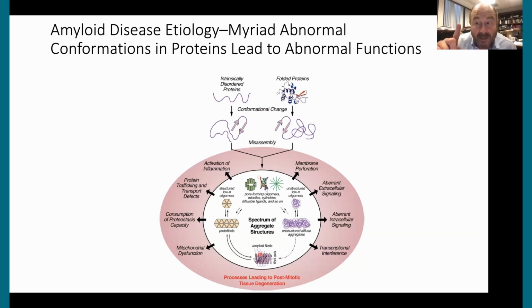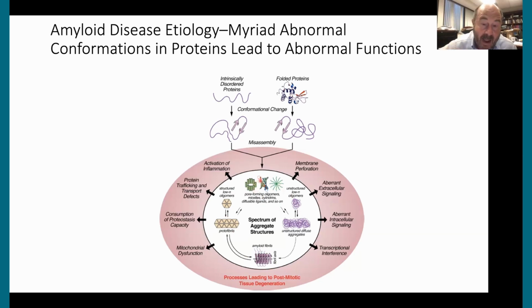But importantly, we do not know that amyloid is the main driver of the pathology. These other structures could contribute. And there's actually a lot of evidence in the literature, particularly in light chain amyloidosis, that these smaller structures are perhaps the main drivers of the pathology.